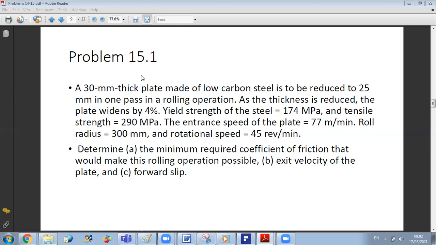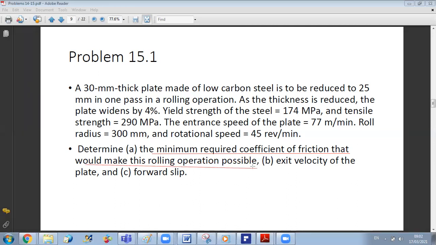So here, first, let us see what they want us to calculate. First, we need to find the required coefficient of friction that would make the rolling operation possible.